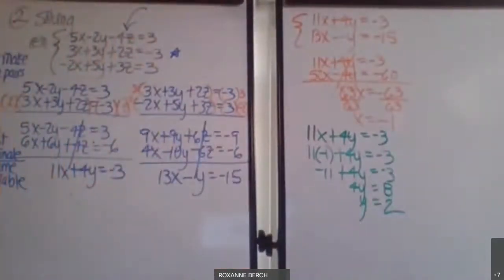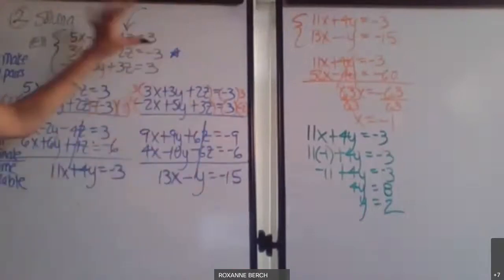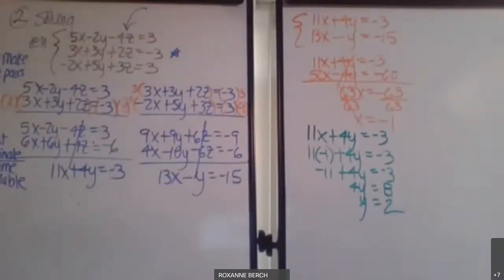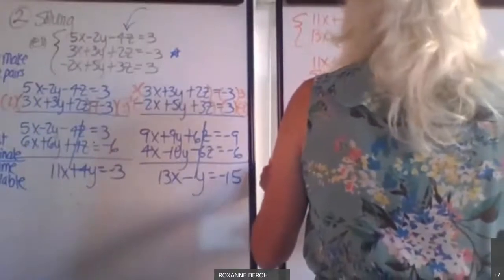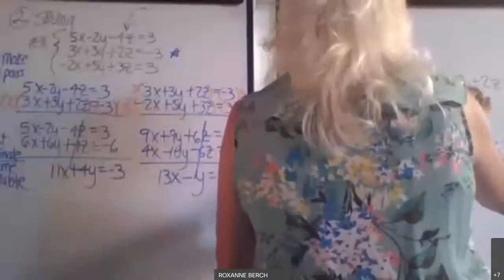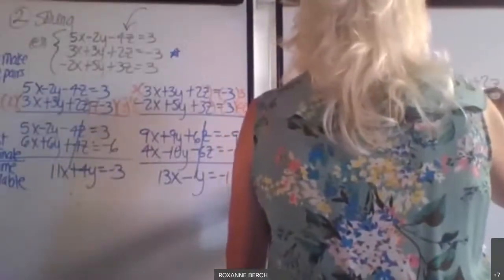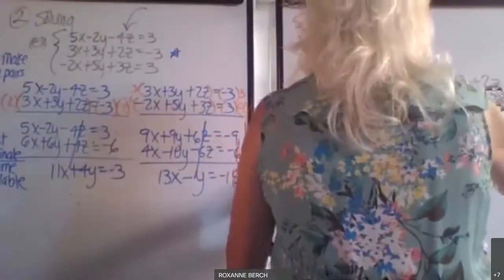So now, as you may have guessed, we have to plug into one of the original ones to find the last variable. Pick the middle one, -x plus 3y plus 2z equal to -3, and plug in your x, plug in your y, and find z.